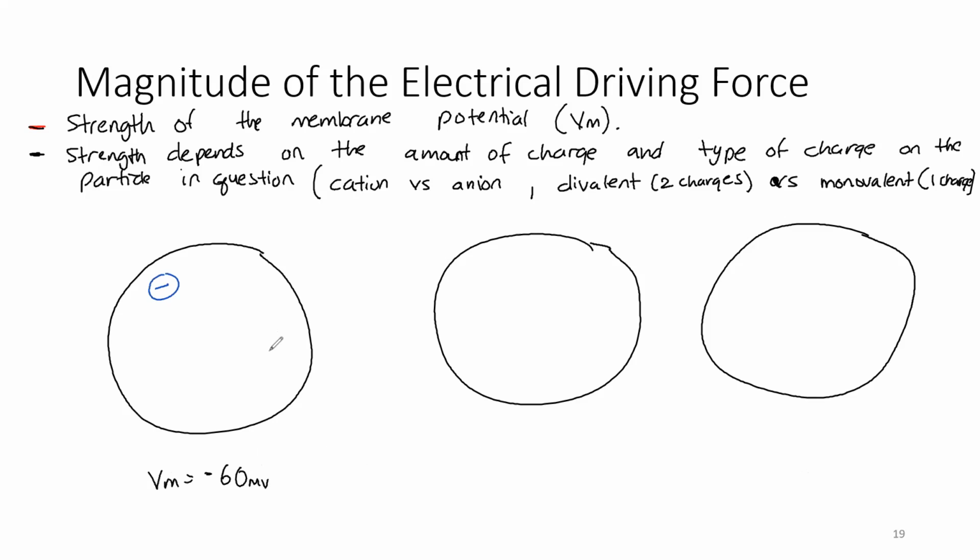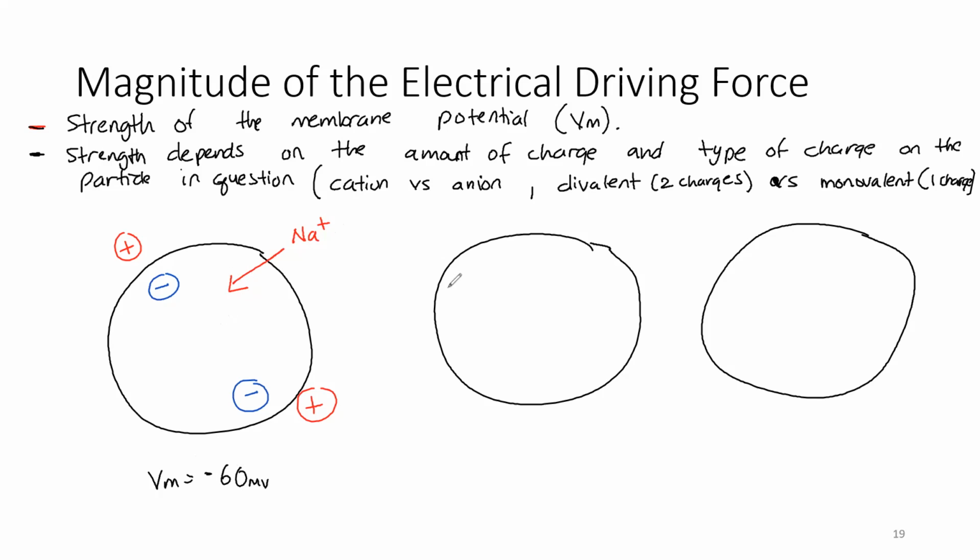That means the inside of the cell is negative 60 with respect to the outside. So we've got negative inside and positive outside. Let's think about an ion like sodium. Sodium wants to move into the cell because of this separation of charge, because the inside of the cell has a negative 60 charge, and it wants to get to this negative environment.